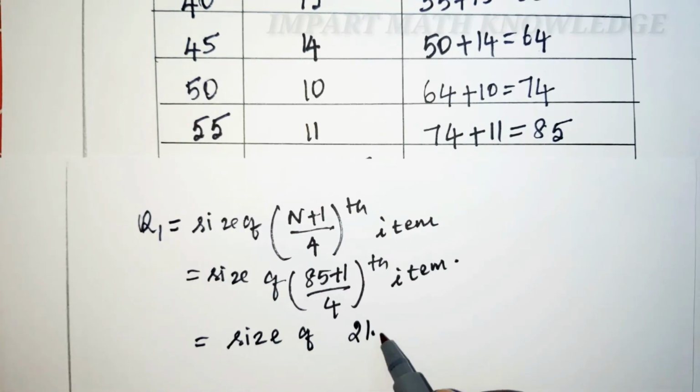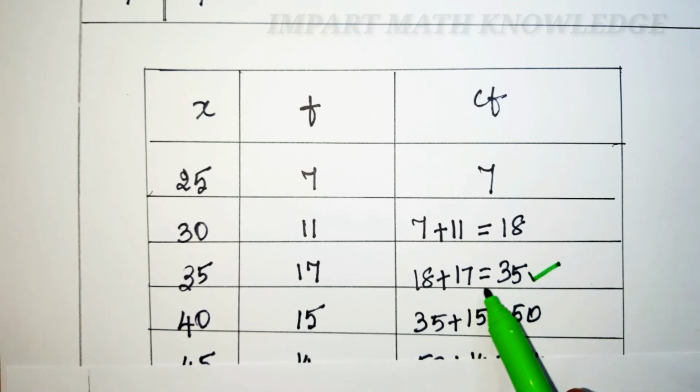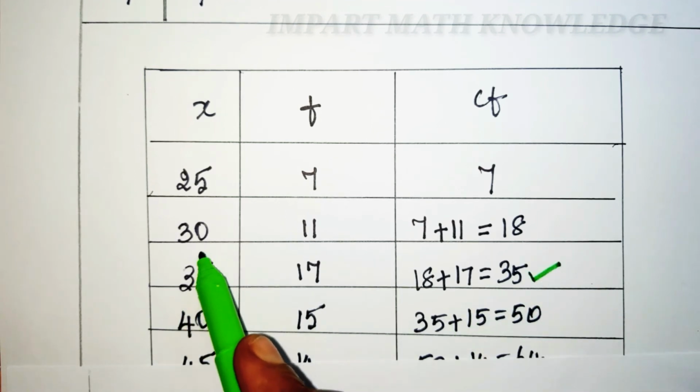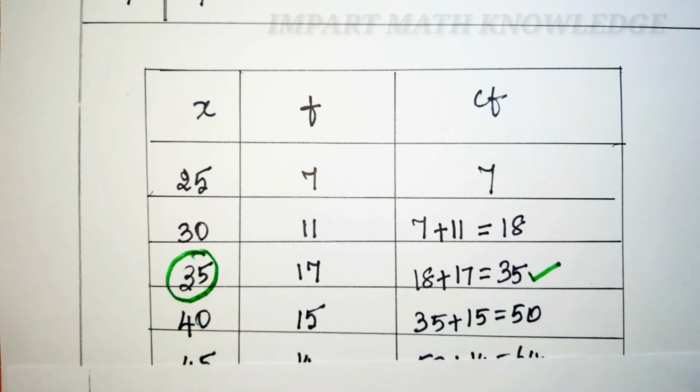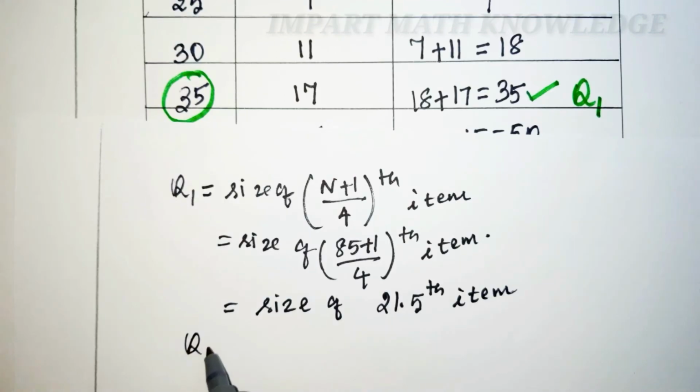This is equal to size of 21.5th item. In the cumulative frequency, 21.5 belongs to this category. So the corresponding x value is the lower quartile. So Q1 is equal to 35.